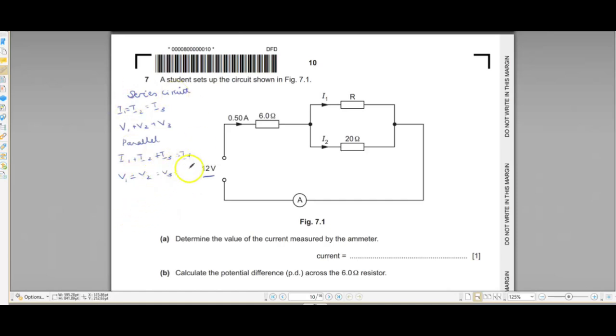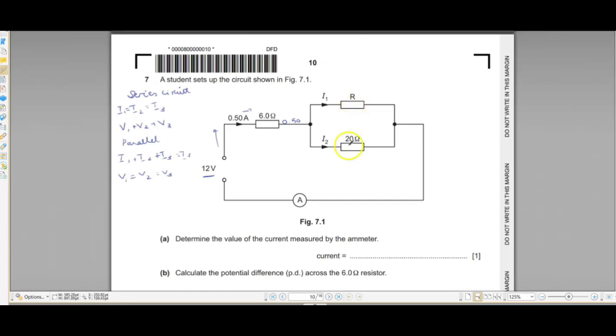So we know this. Once we know this, we know that there is an EMF of 12 volts, and there is a current of 0.50 amperes generated in the circuit. So it's going to go here, and then pass through this resistor. The current is going to change, but once it passes through, the current is going to be the same, and then it reaches this junction where some of it is going to go to resistor R and some of it is going to go to the 20 ohm resistor.